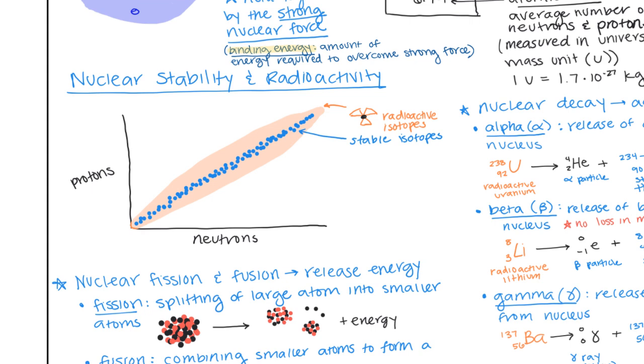So we start to see this upward trend. And these little blue dots are representing the stable isotopes, meaning the atoms that have a particular number of protons and a particular number of neutrons, where that proton to neutron ratio is very, very stable. It likes to remain in that state.